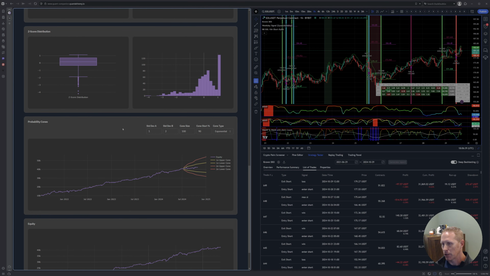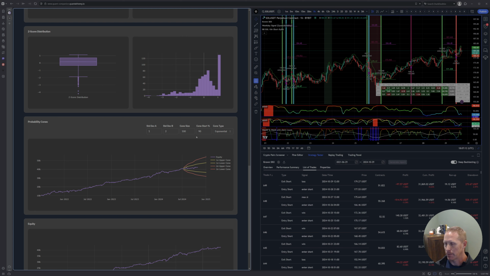The next one is going to be your probability cones. The probability cones can help you manage a trade throughout its life cycle. So the idea of the probability cones is to project the first or second standard deviation, which in fact you can change if you want to do a higher standard deviation than 2 standard deviations, and then get an idea if your strategy starts to deviate, or your equity curve starts to deviate from the projected point too much, you might decide you want to turn it off.